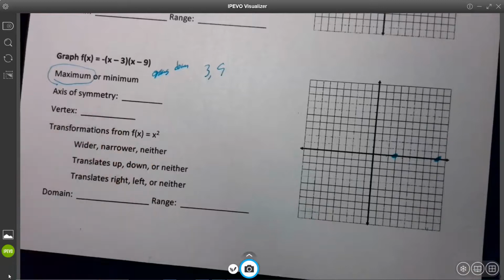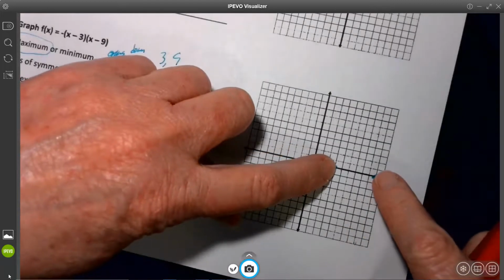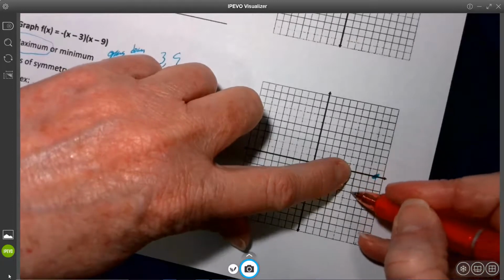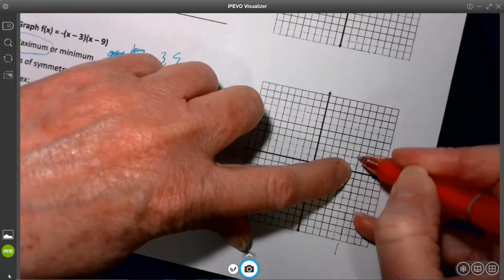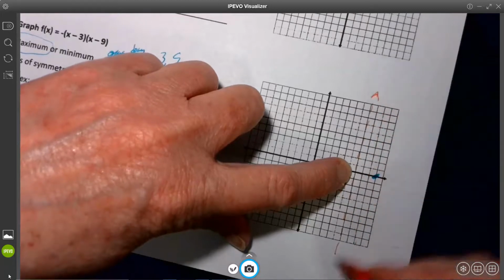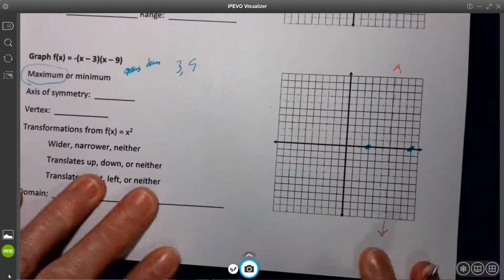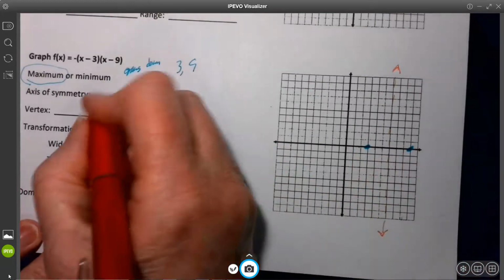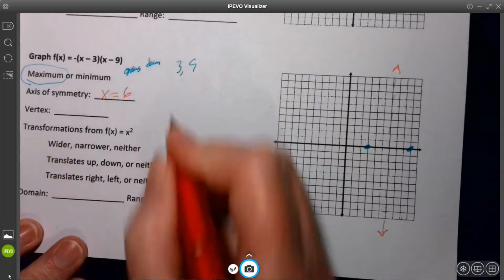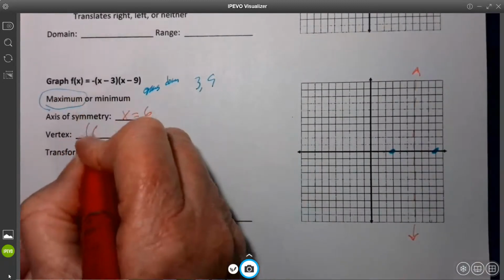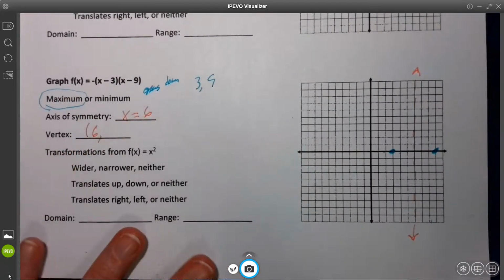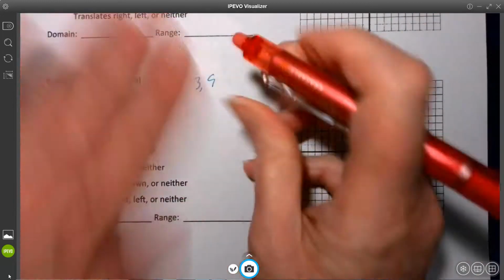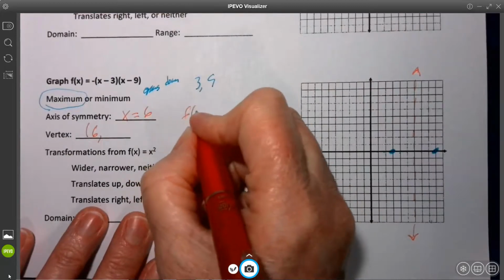Let's find that axis of symmetry. So halfway in between, right there. That's my axis of symmetry. And that's the point 1, 2, 3, 4, 5, 6. So my axis of symmetry, x equals 6. So I know the x-coordinate of my vertex is 6. Let's go find the y by plugging it in. They did it in function form, which is kind of nice, because then you can show I'm finding f of 6.